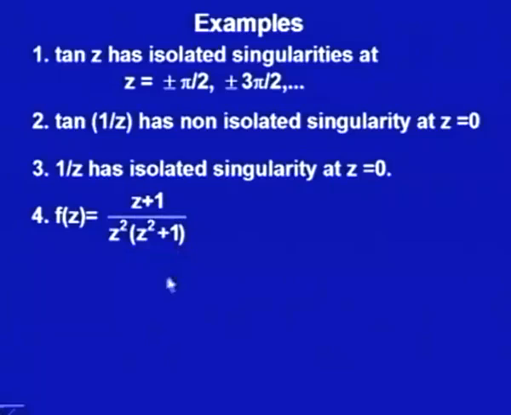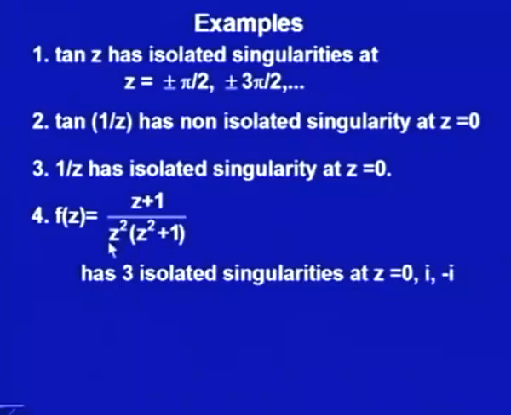We see simply from here that this function will not be defined for z is equal to 0, as well as it won't be defined for z square is equal to minus 1, or z is equal to plus or minus i. So we do have 3 singularities, 0, i and minus i.